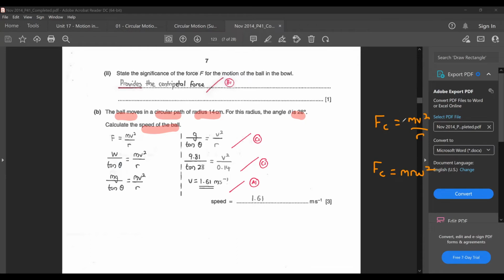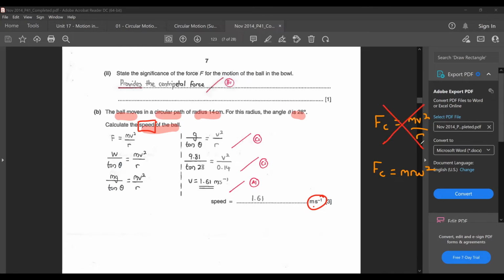Which one you would normally use depends on what is given inside your question. You read your question, they are asking you for speed, and you double check the units. They are asking for the speed in meter per second.